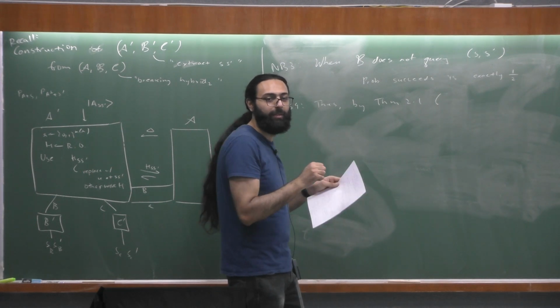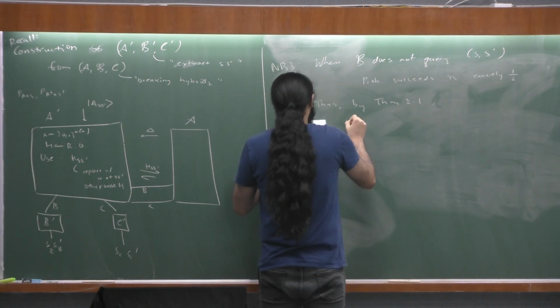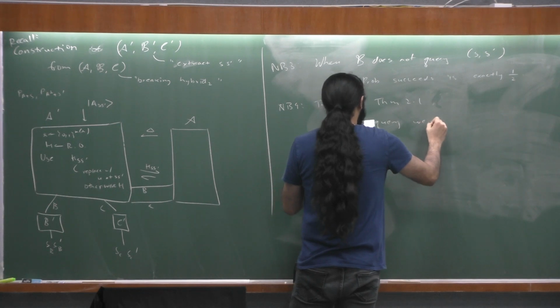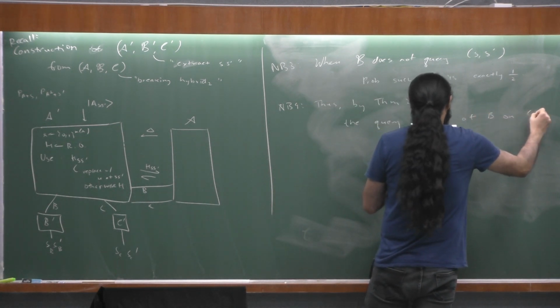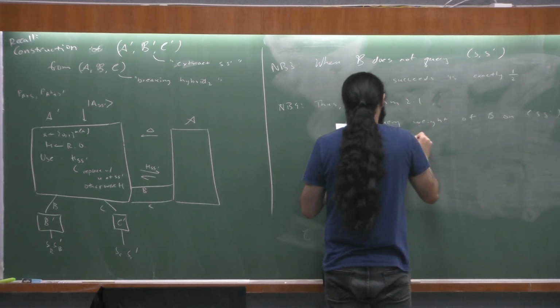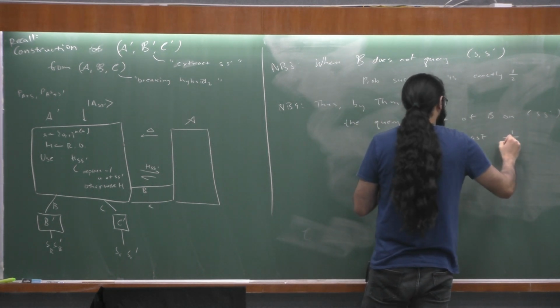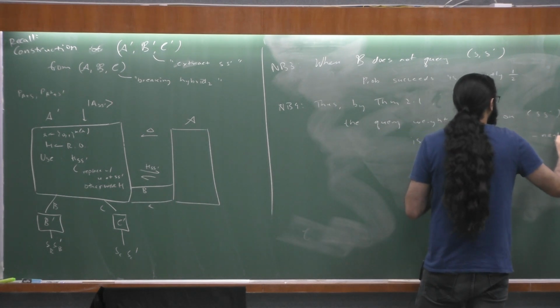Remember that theorem? It was a very general theorem from before. So from this one can conclude that the query weight of B on SS prime is at least 1 by 4p square t minus negligible.